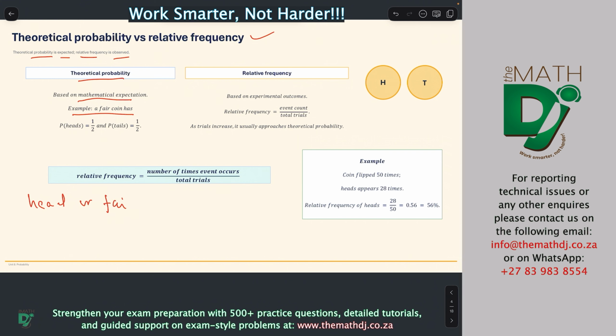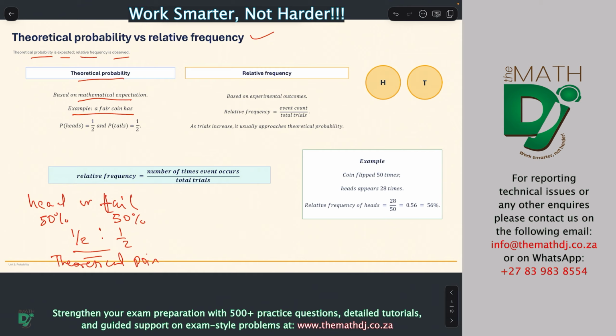This one has a 50% chance of happening, and this one has a 50% chance of happening. So mathematically, the theoretical expectation is half and half, from a theoretical point of view.